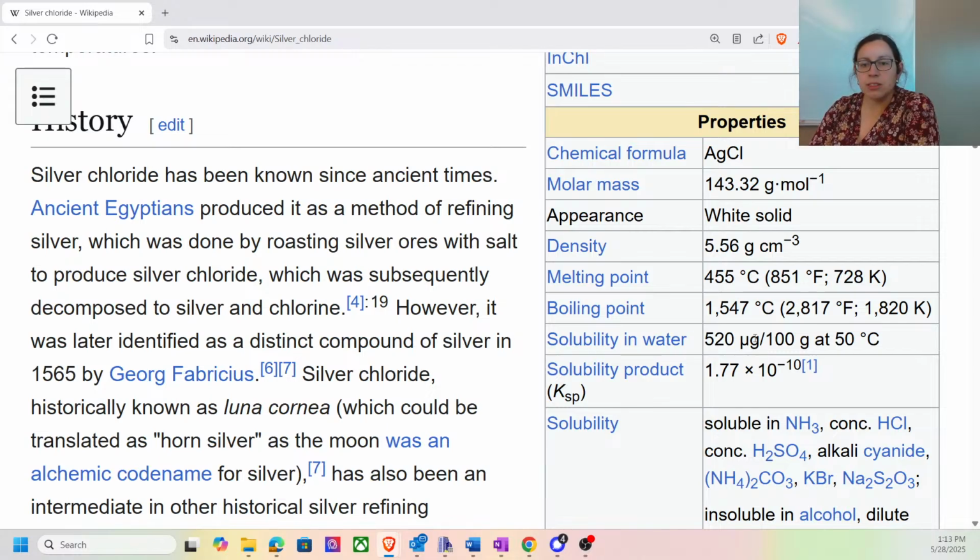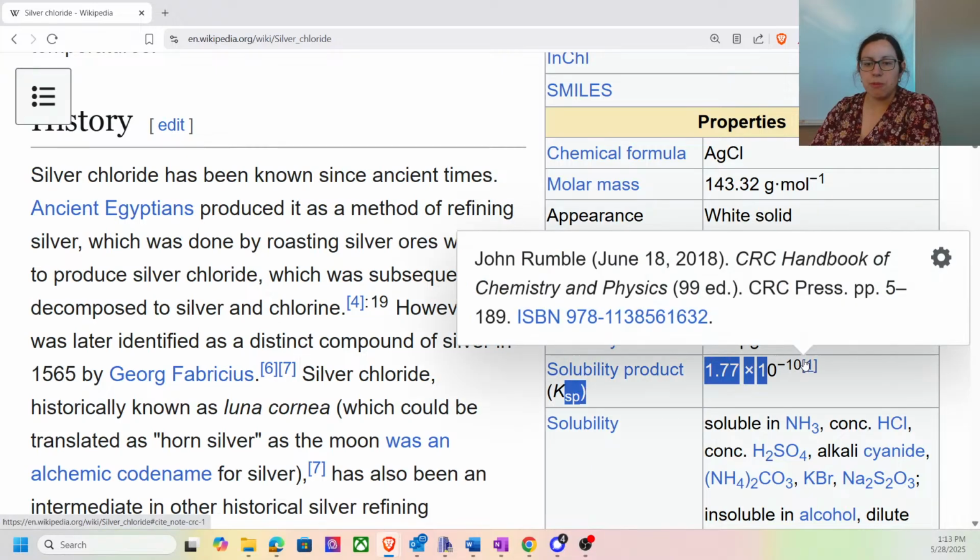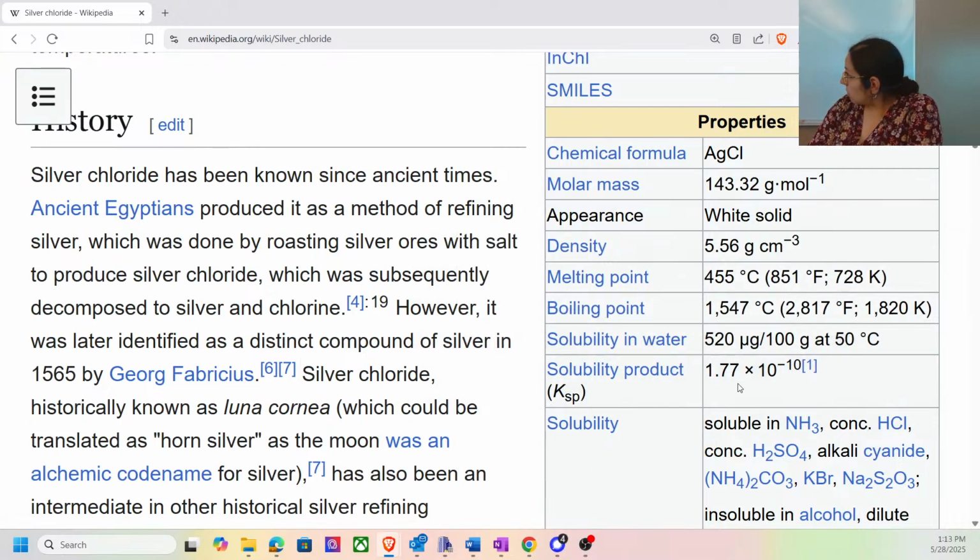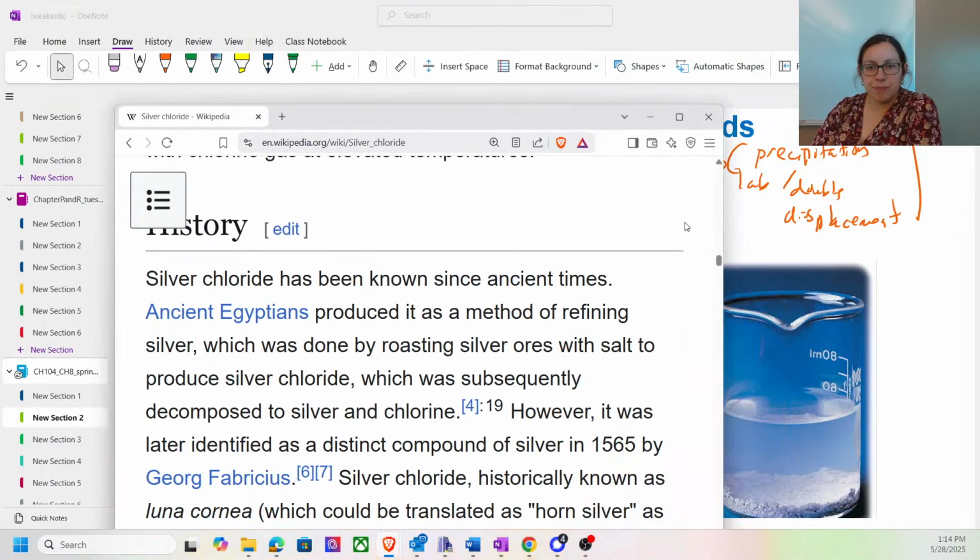So of course this has pretty low solubility, only 520 micrograms in 100 grams of water at 50 degrees Celsius, so not very soluble. This tells you more information, and if you took the next level class, you could learn how to quantify that.